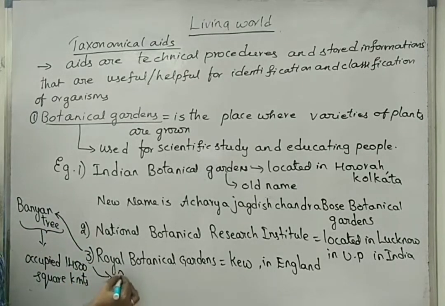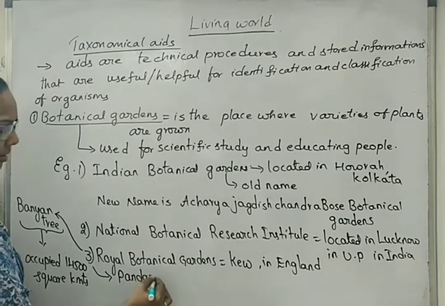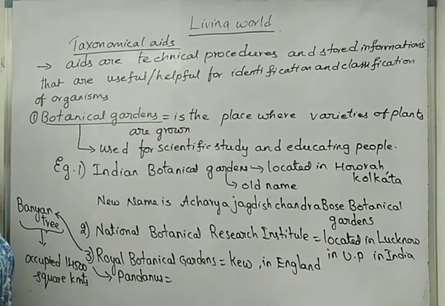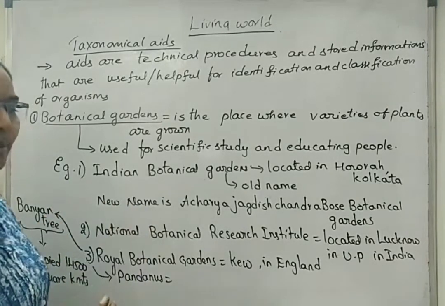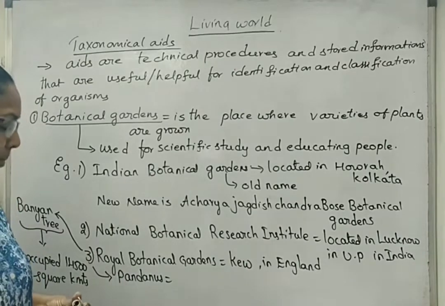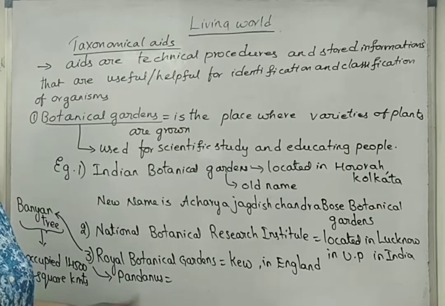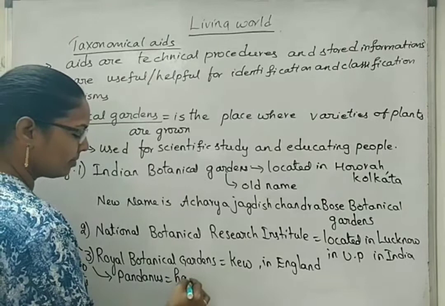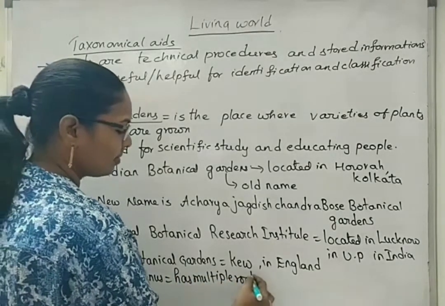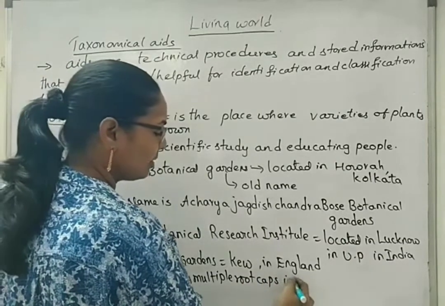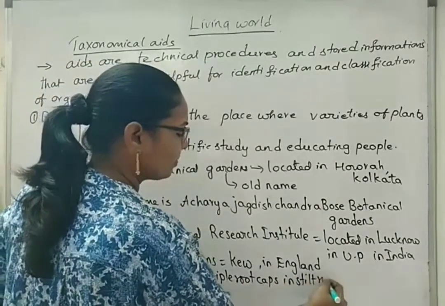Another example is pandanus. What is the specialty of the pandanus plant? We know that a taproot has one root cap, which is made up of calyptra. But here, pandanus has multiple root caps in its stilt roots.